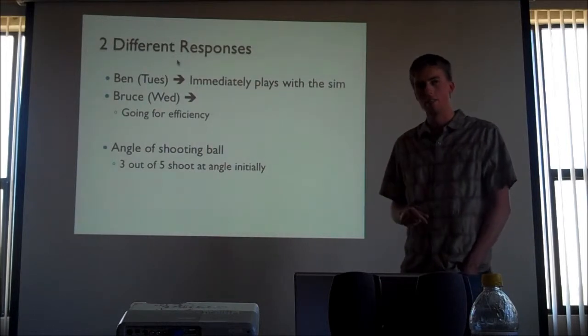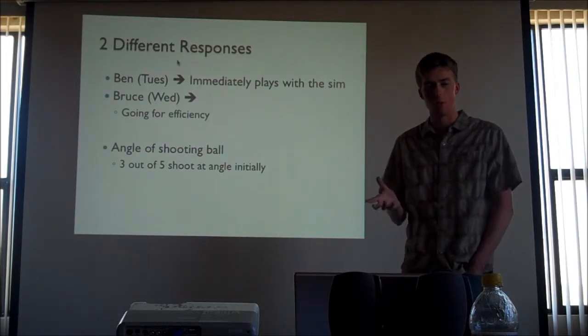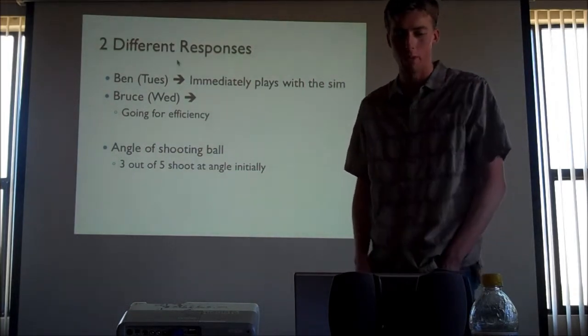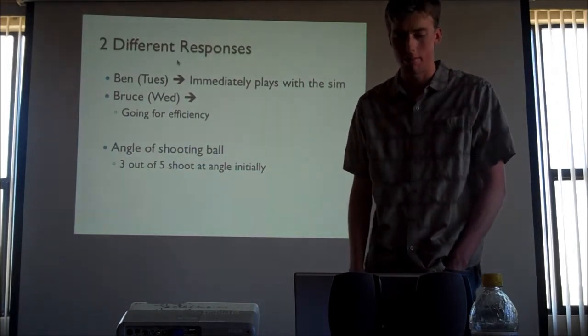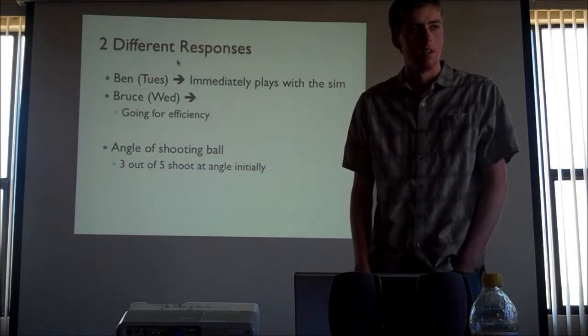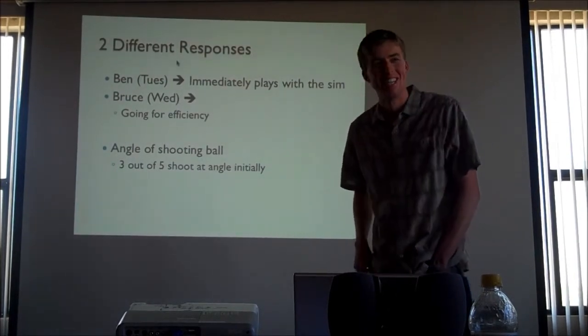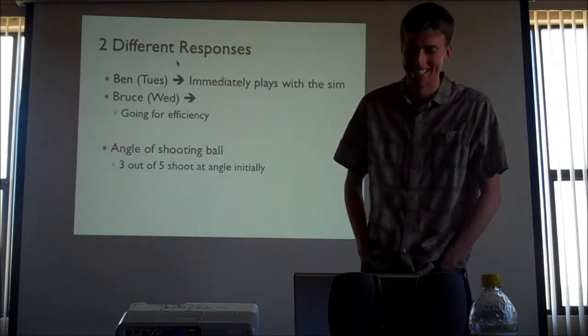So maybe not what they're supposed to be doing, but what the problem's asking for. But they're doing what we normally use cannons for. Right. You're usually trying to shoot something else.